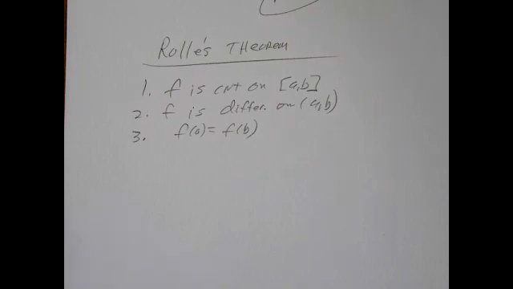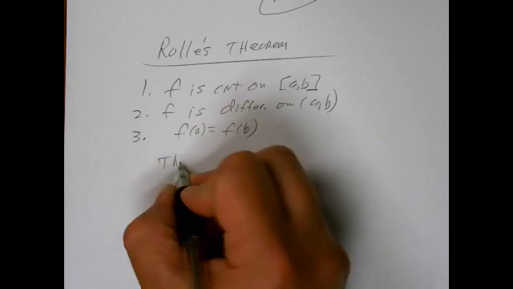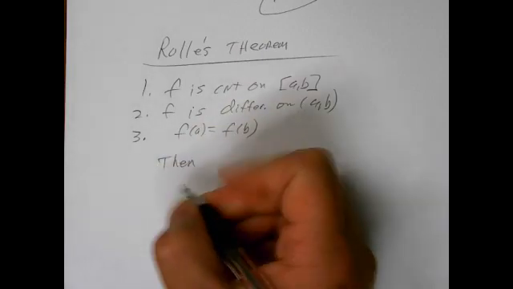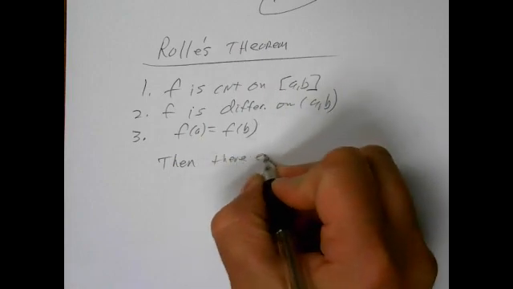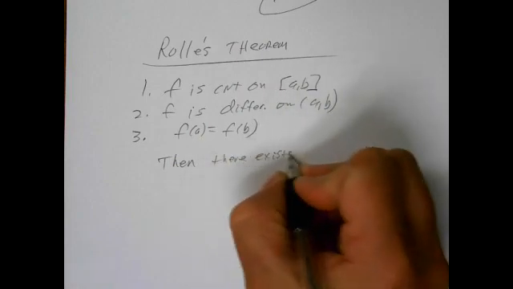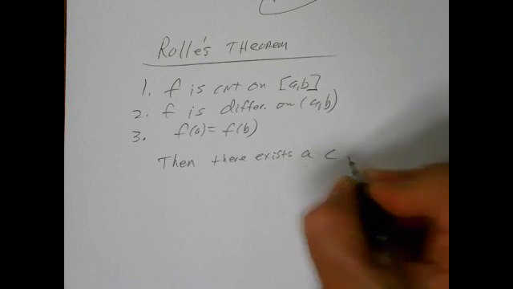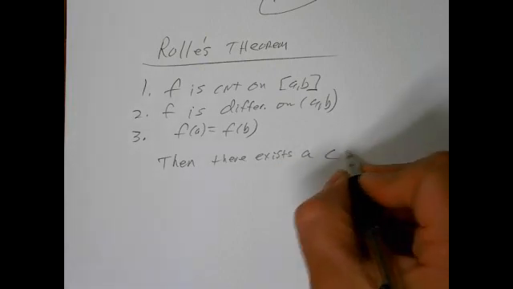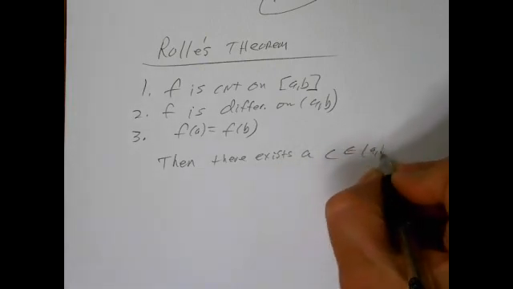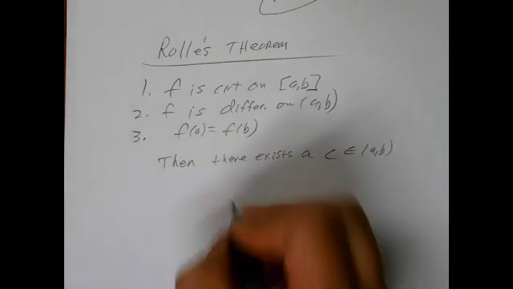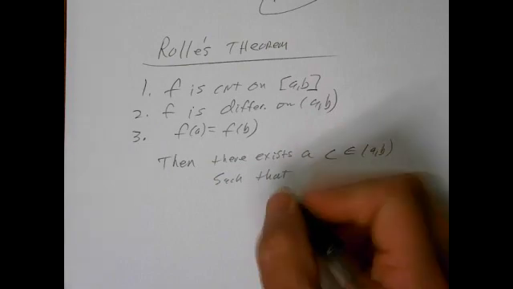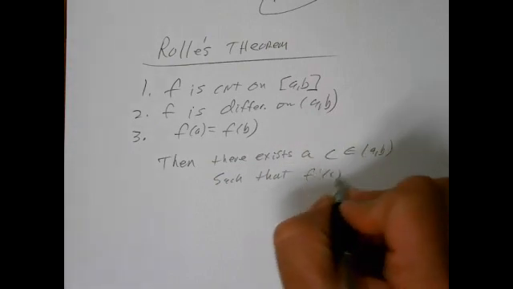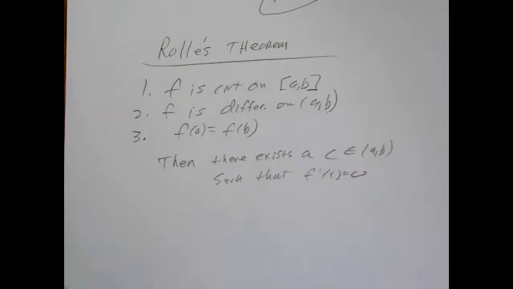But if you've met this criteria, then what can be concluded is that there exists a number C that's an element of this open interval from A to B such that f prime of C is equal to 0.